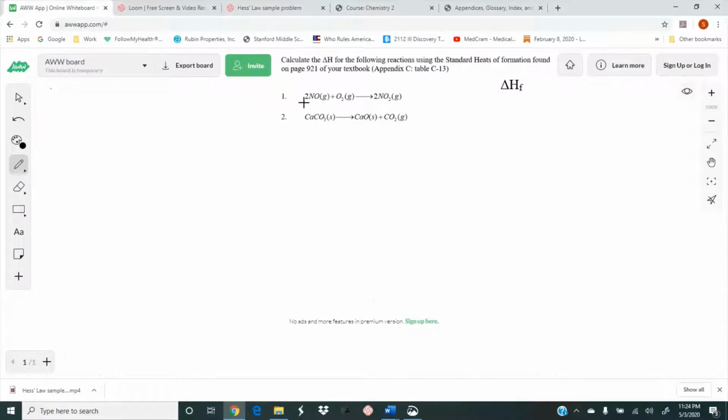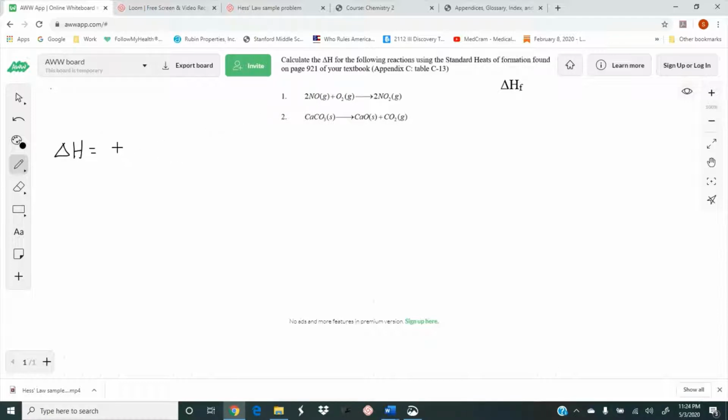The first chemical equation has NO2 as the product and NO and O2 as the reactants. What we're going to do is look up a few things. Let me write this out as an equation. Again, this is the delta H for the whole reaction.